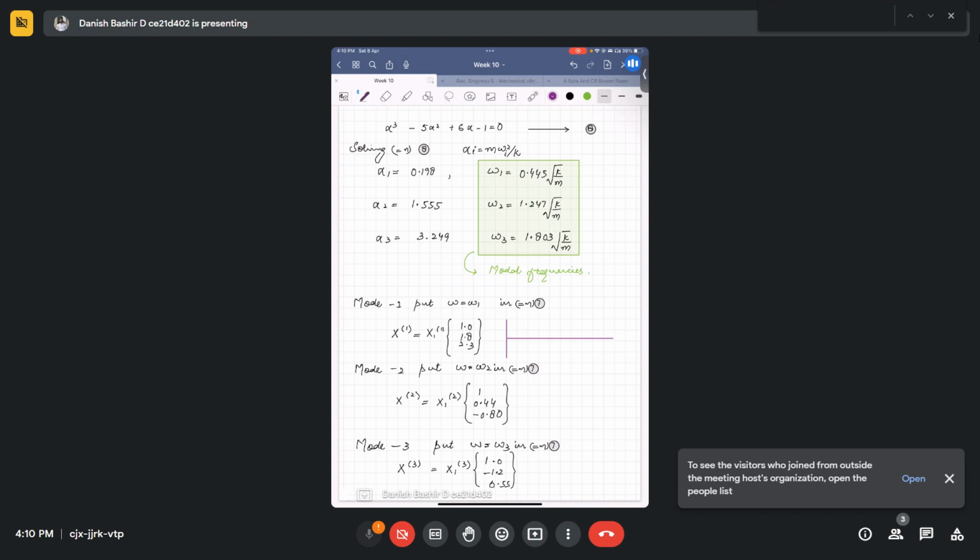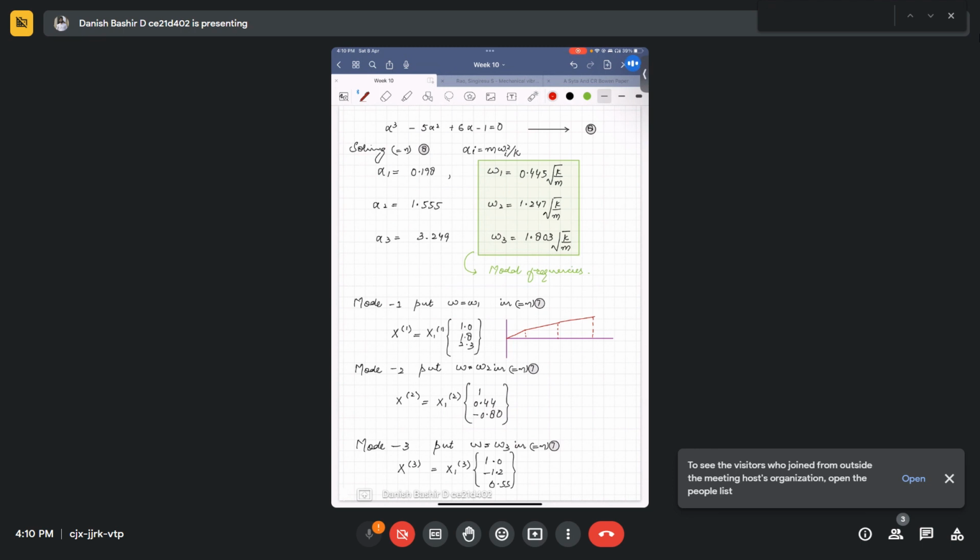So the first mode will be like this, the first is 1, and we have this one here and this one here.